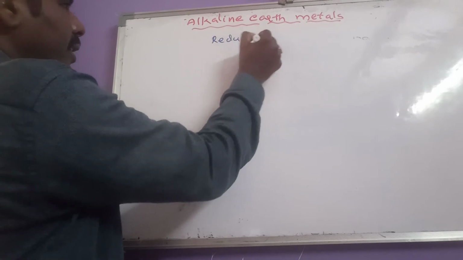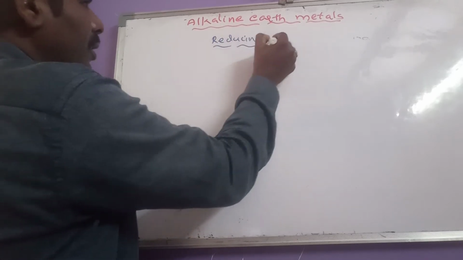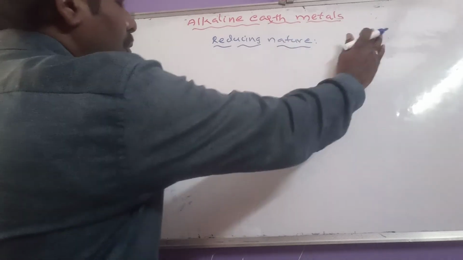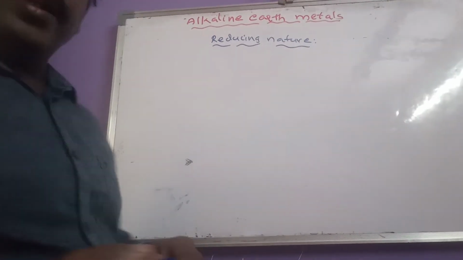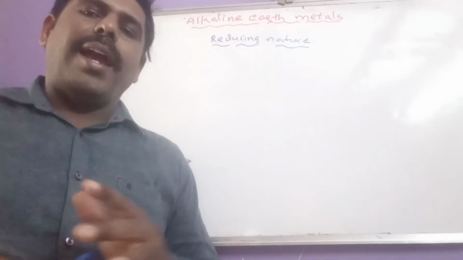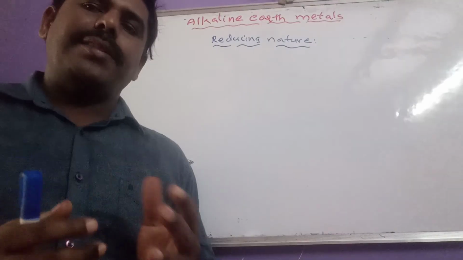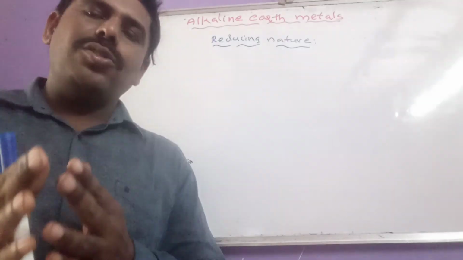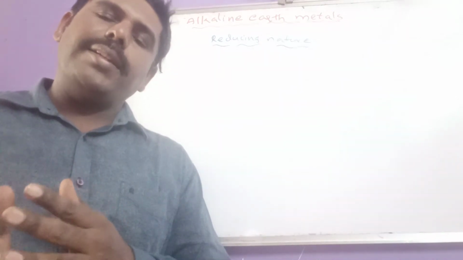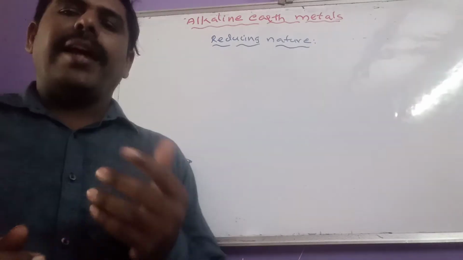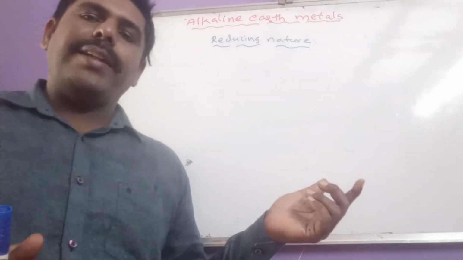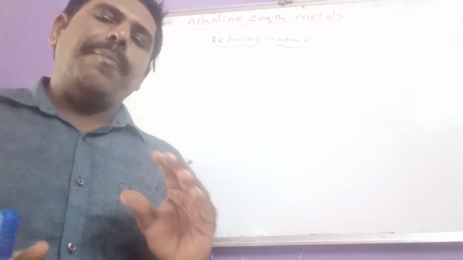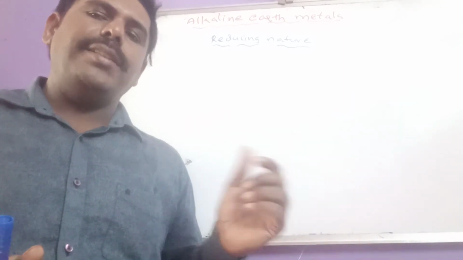Already in the first A group elements video, we learnt what this reducing nature is. Now, all these second A group elements act as reducing agents because by losing electrons, they tend to get into inert gas configuration. Like that, by losing electrons, they themselves undergo oxidation but act as reducing agents.